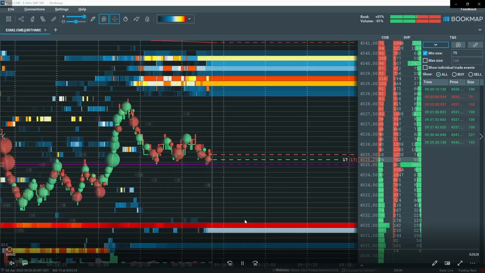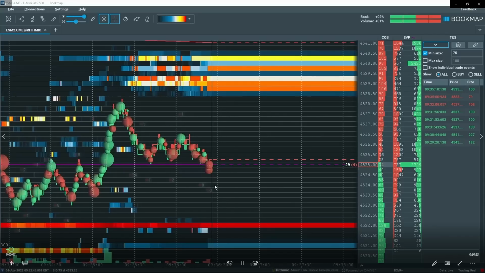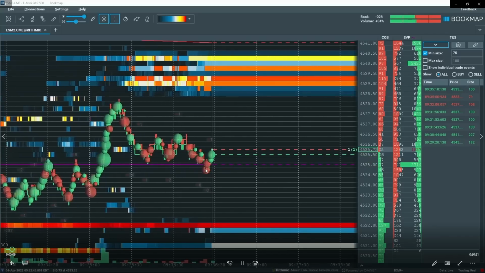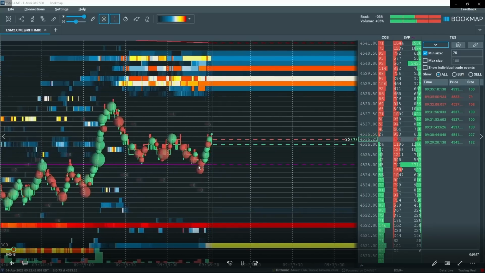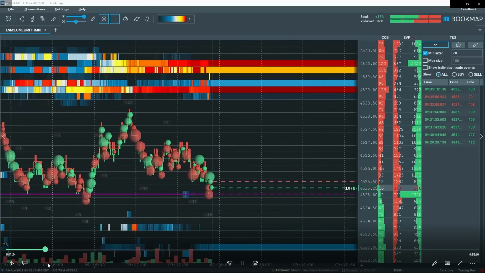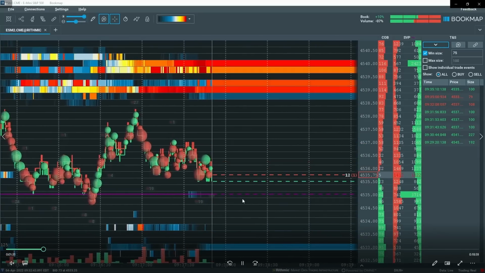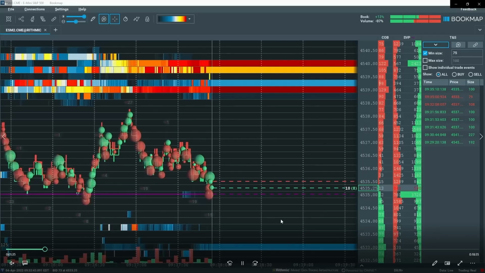We pull back into 45.35, and there are some aggressive sellers hitting the market, yet there isn't a passive buyer there to support the market at 45.35. And we come into this level multiple times. Here's a second time. He's at 3,700 lots.